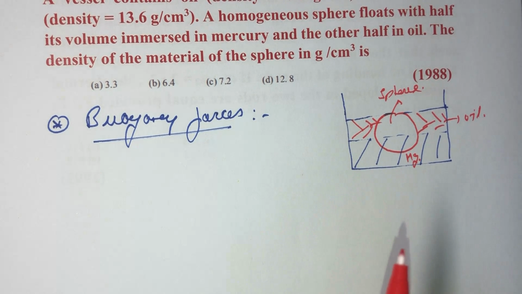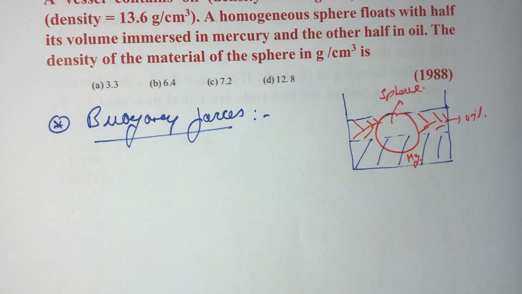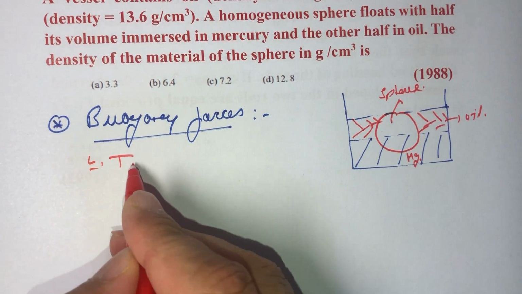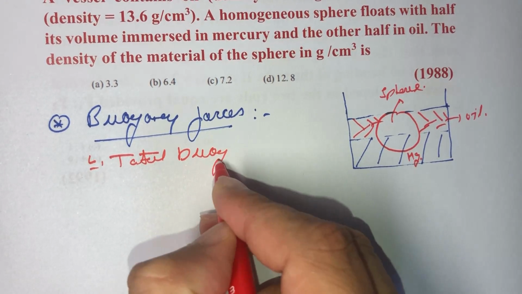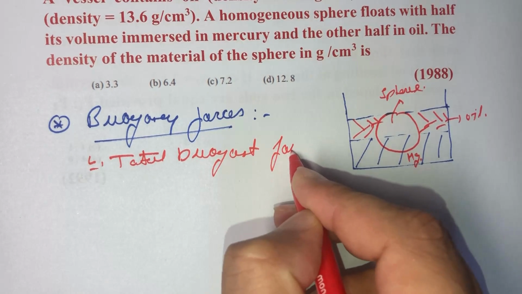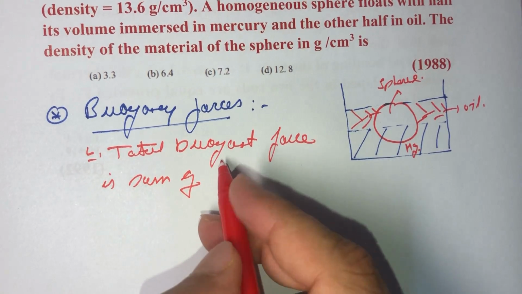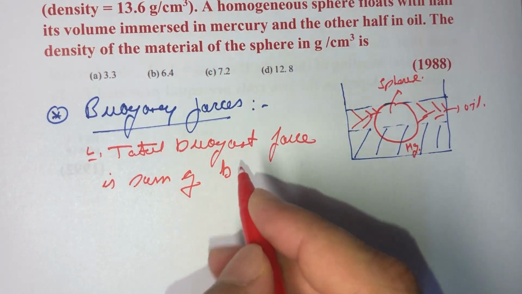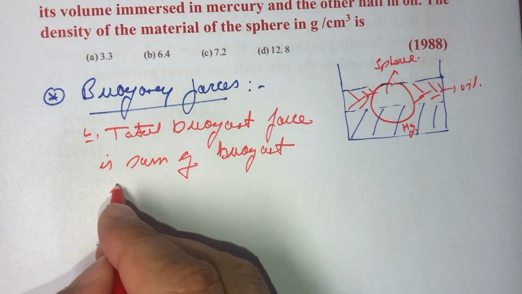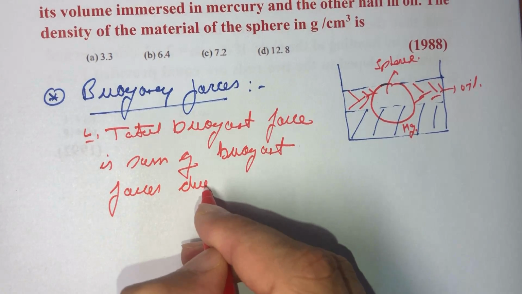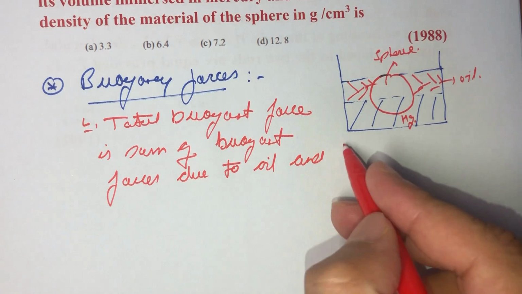So the total buoyant force will be the sum of the buoyant forces due to the oil and due to the mercury.